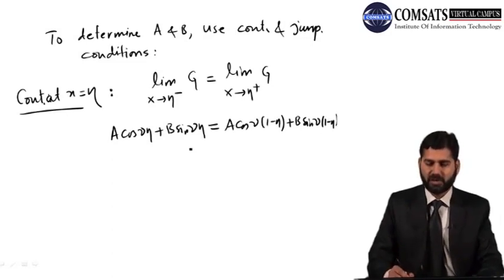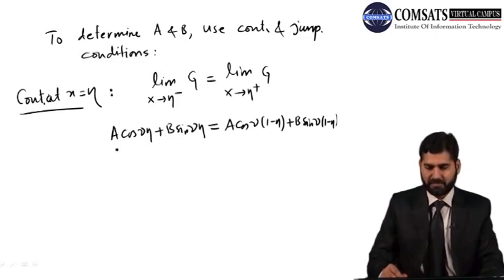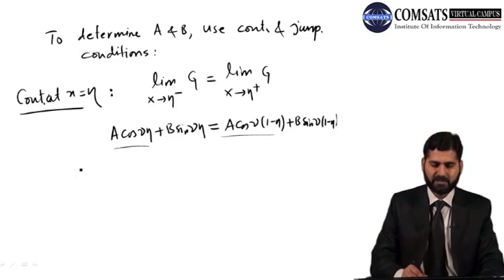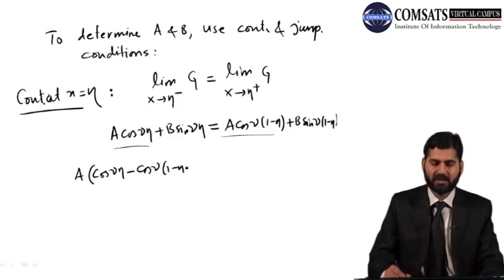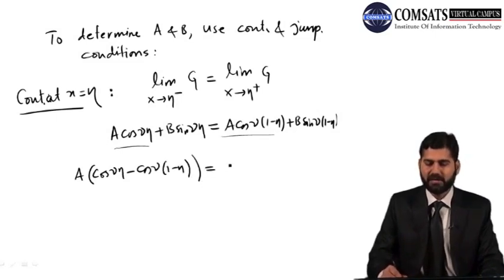So from these two, I have to find the coefficients. First combine the A terms: in A you got cosine nu eta minus cosine nu (1 minus eta), which is equal to B times sine nu (1 minus eta) minus sine nu eta, once the sine nu eta term moves over.